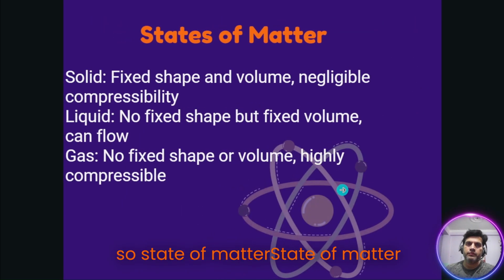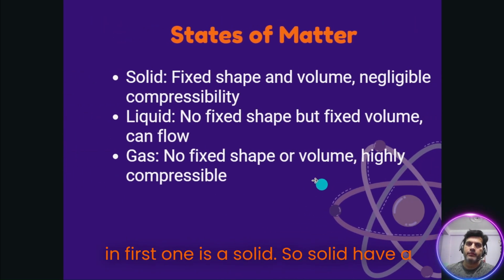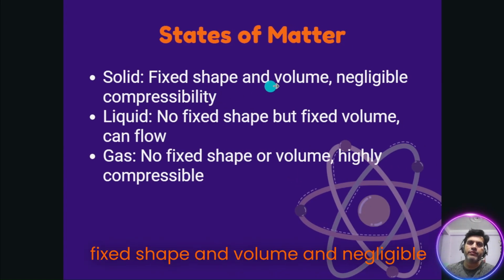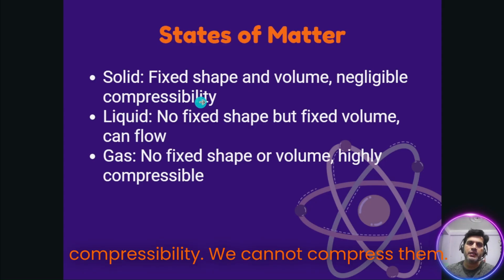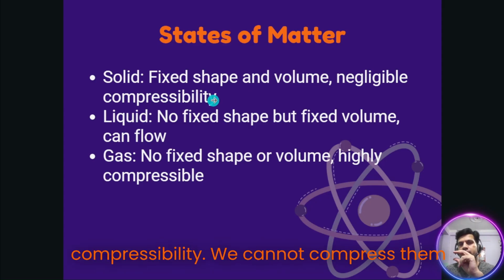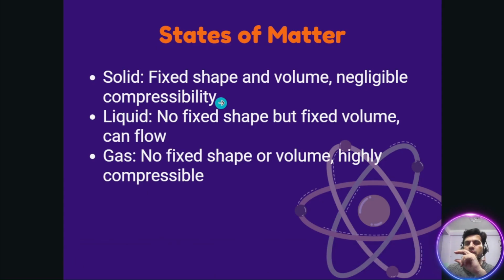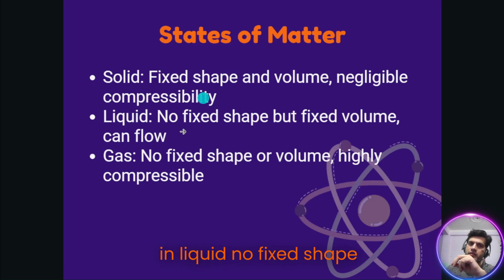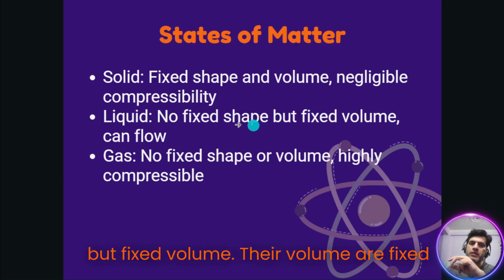So, states of matter. The first one is solid. Solids have a fixed shape and volume and negligible compressibility. We cannot compress them. But liquids have no fixed shape but a fixed volume.